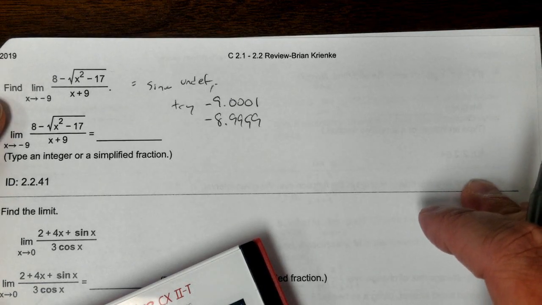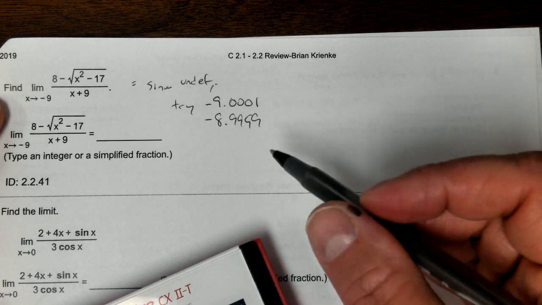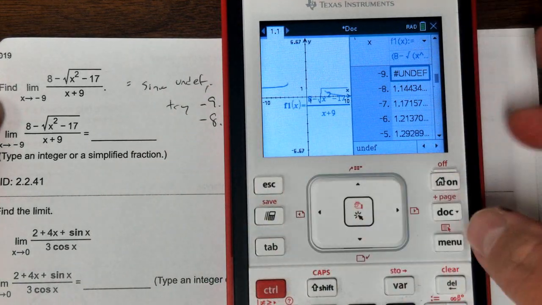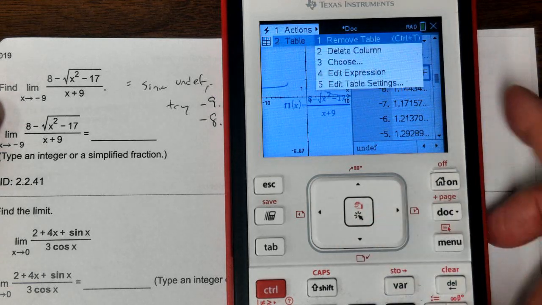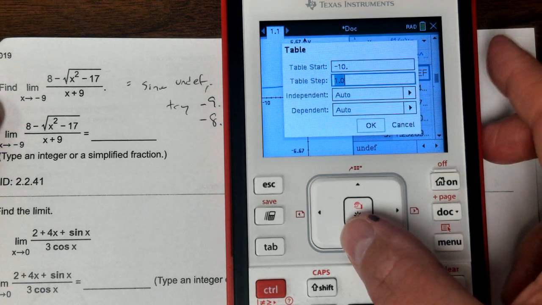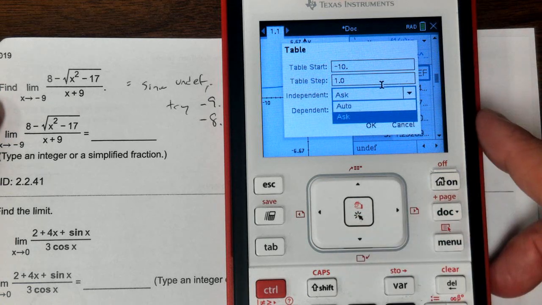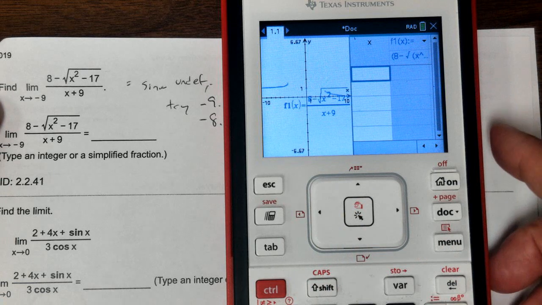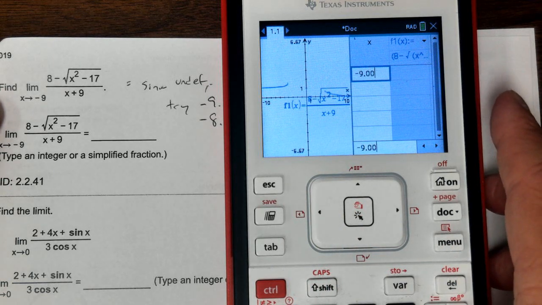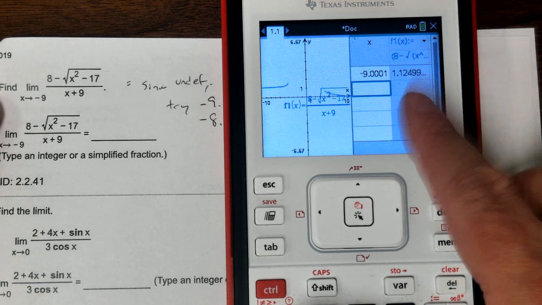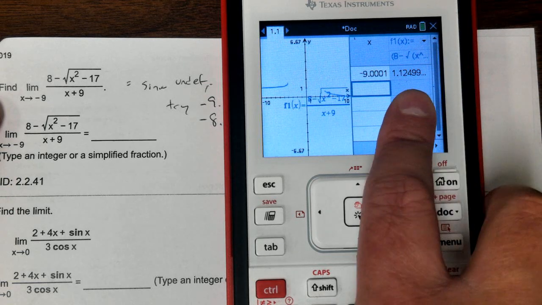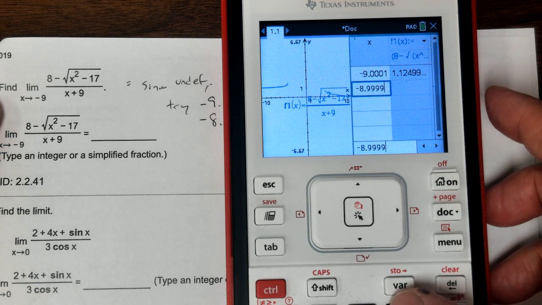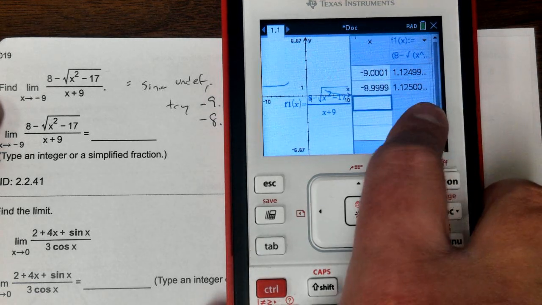Okay, so let's see, control, well, we already did control. We want to go to table settings, change independent to ask, and negative 9.0001 gives me that, and negative 8.9999 gives me that.